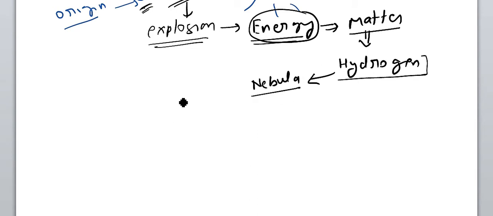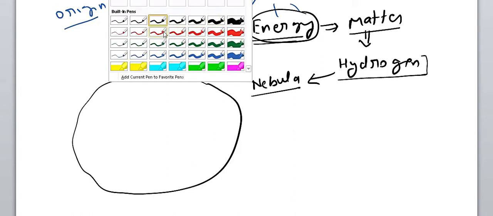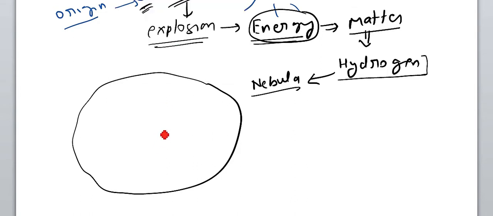So for example, this is a nebula formed due to hydrogen gas, and at the center of this nebula, the hydrogen gas, under the effect of gravity, forms the star or the sun, right?